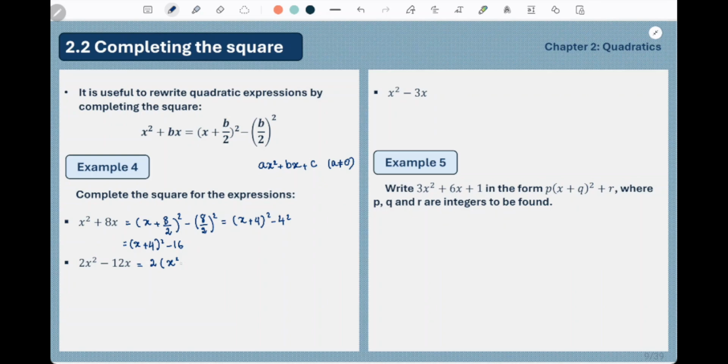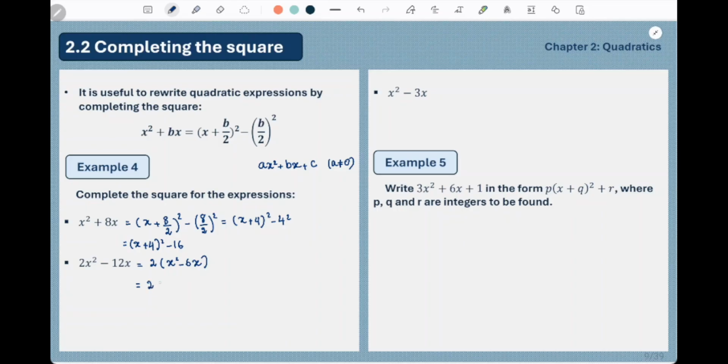x squared minus 6x, okay? Now I'm just going to focus on the one over here, trying to make it look like this.